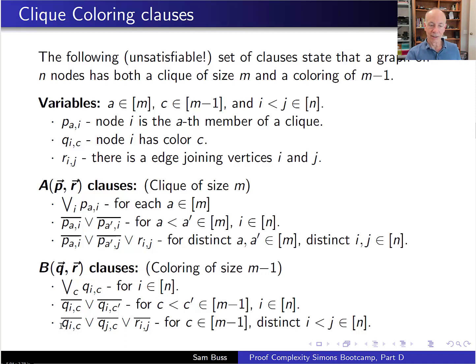And the third clauses are not QIC or not QJC or not RIJ, which says that if both vertices I and J are assigned color C, then there's no edge between I and J. So one thing to notice here is that the R variables appear only positive, that is unnegated, in the clauses APR, and they occur only negatively, that is negated, in the clauses BQR. And that'll be important very shortly.